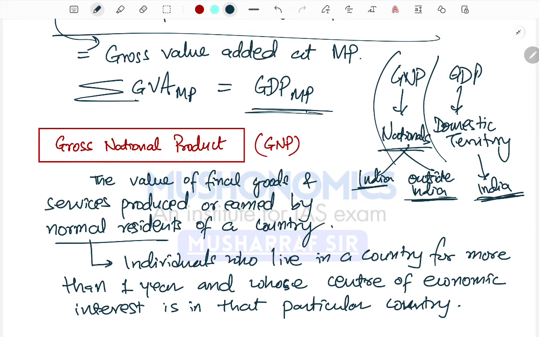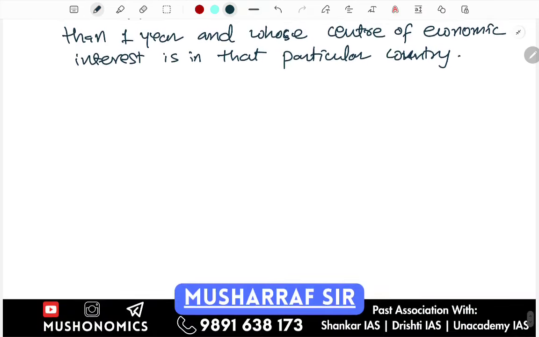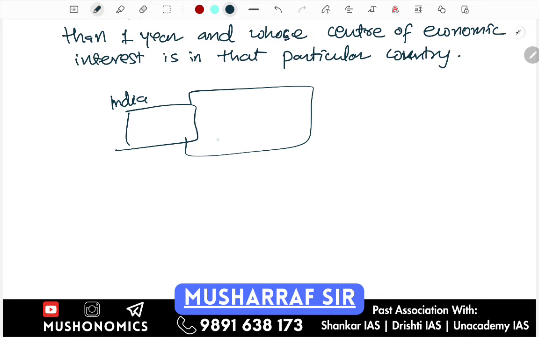And the value of final goods and services produced or earned by normal residents of a country. These normal residents may be living inside India or outside India. For example, this is the domestic territory of India, and suppose this is outside India. Now, when we calculate GDP, we talk about only the value of goods and services produced in India.